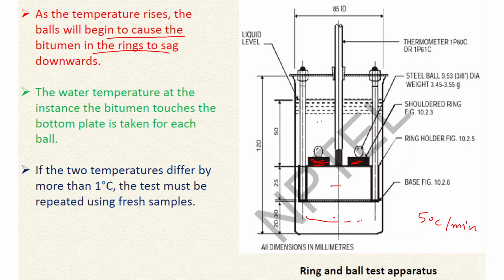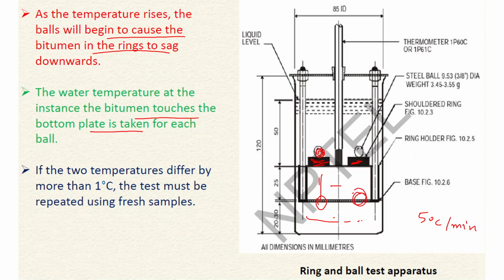So the balls will start sagging into the bitumen. The water temperature at the instant the bitumen touches the bottom plate is noted. After sagging, these balls will come down to this plate.